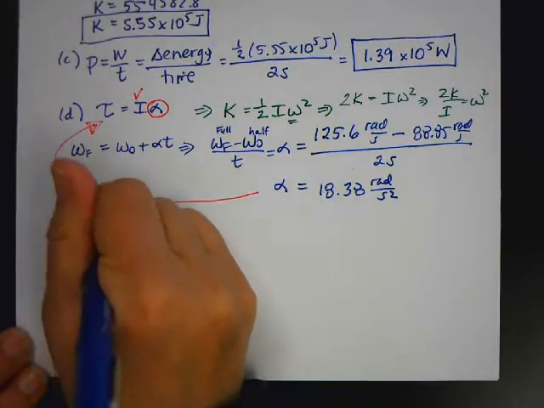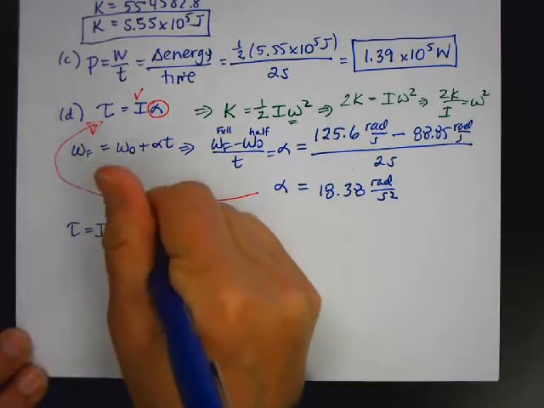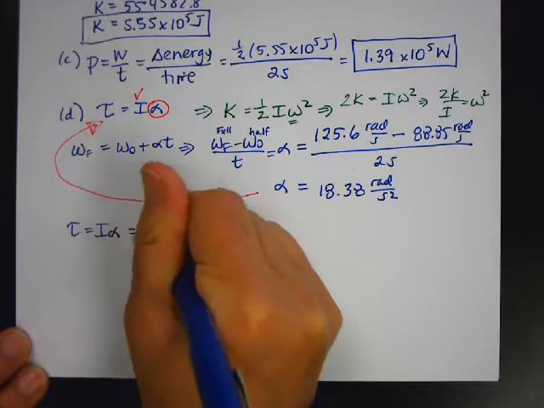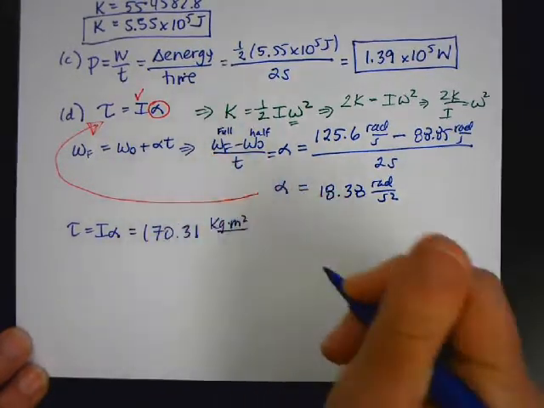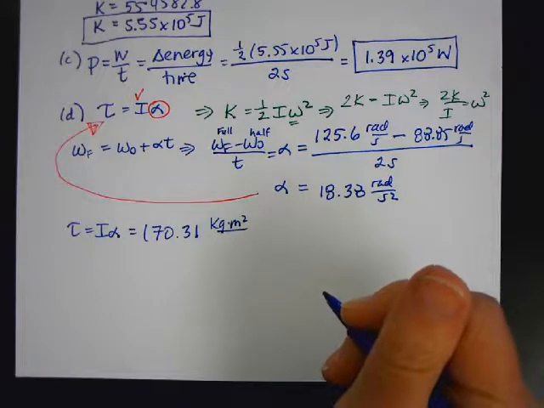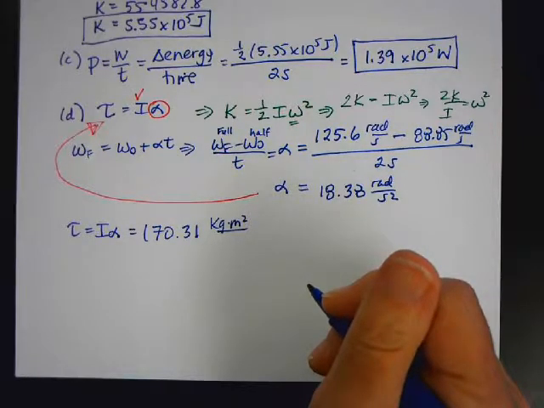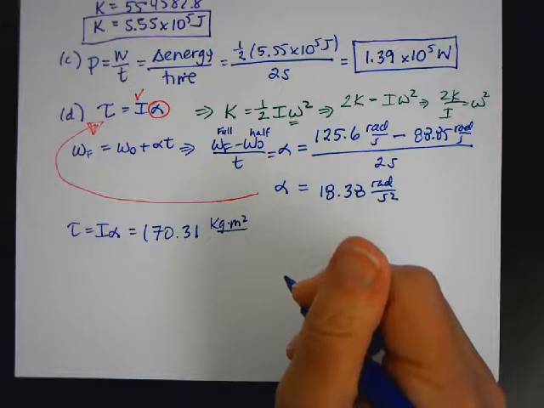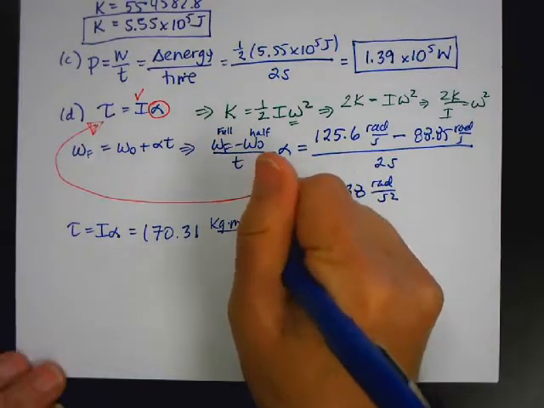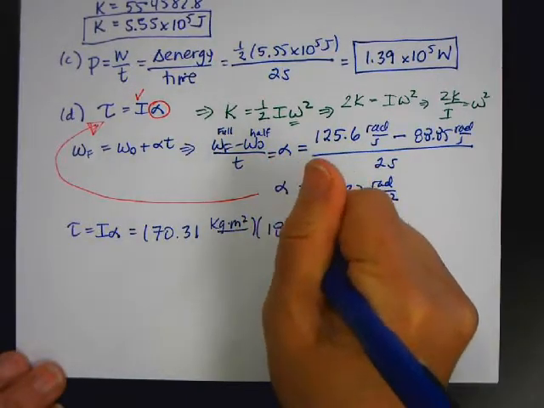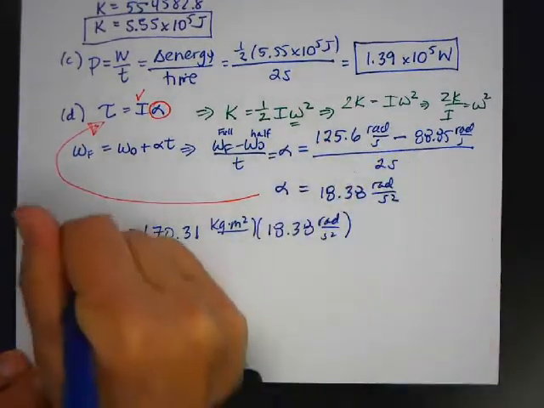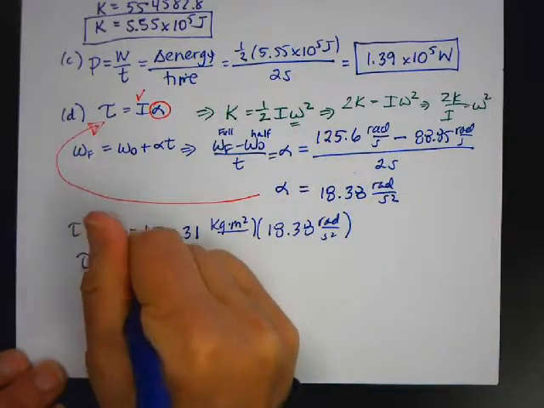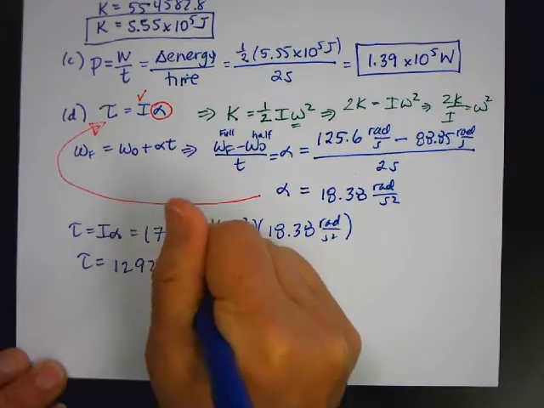So the torque is equal to I alpha, so that's equal to 70.31 kilogram meter squared times 18.38 radians per second squared. So my torque comes out to be 1292 newton meters.